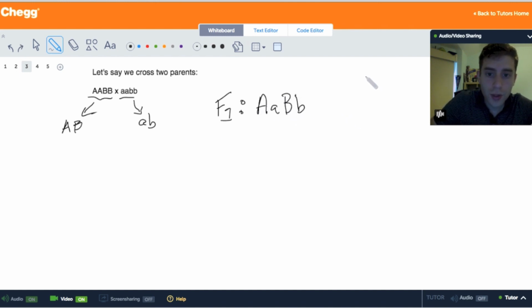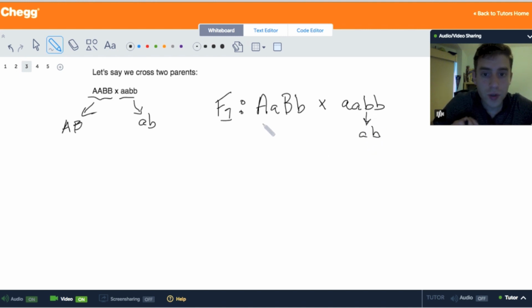Now, in order to do our two-point test cross, two points meaning two genes, and test cross meaning crossing the F1 with a homozygous recessive for both genes, we do that. So this individual can only make gametes little a, little b.